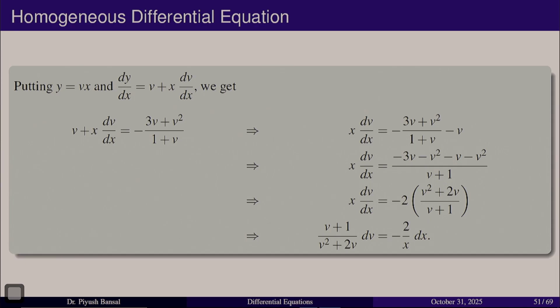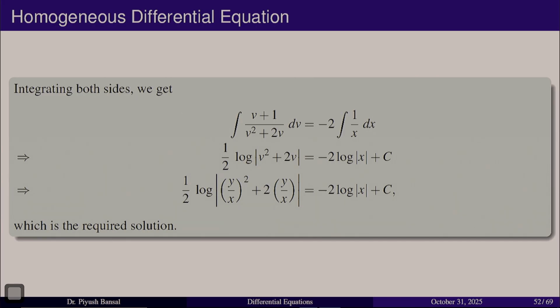Being separable, we simply integrate on both sides to obtain the final solution as half log of v square plus 2v equal to minus 2 log mod x plus c, and finally replace v with y by x to obtain the final solution.